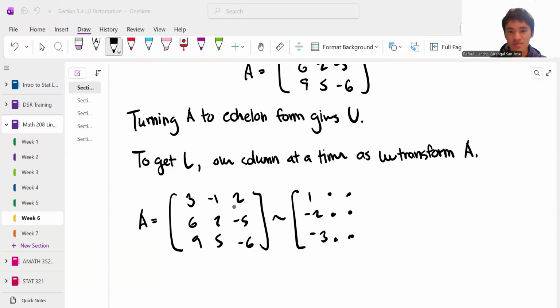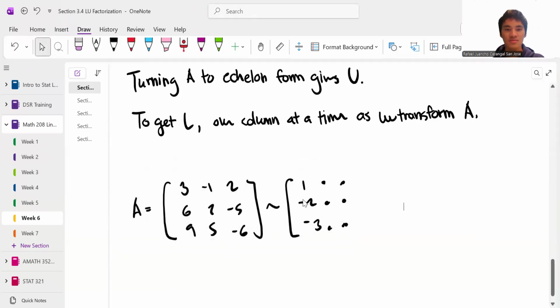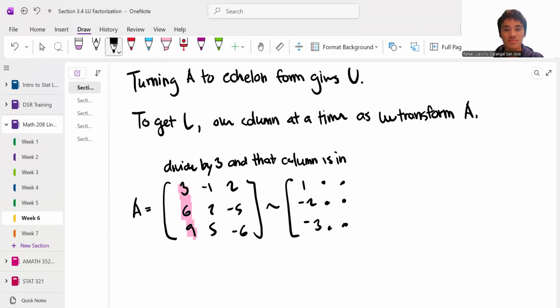What we did was, we take the first column of A, divide everything by 3, and that would be the first column of L. So what we did was look at this, divide by 3, and that column is in L. Then I keep going.